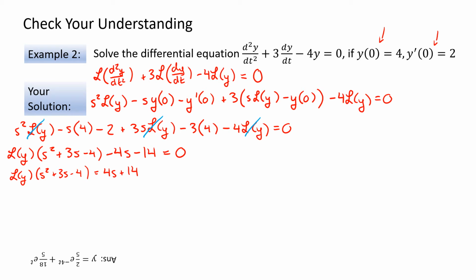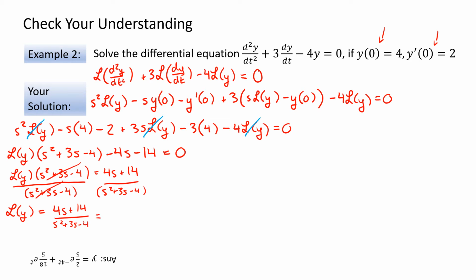So getting the Laplace transform by itself, we divide both sides by s squared plus 3s minus 4. They cancel on this side, and we're left with the Laplace transform of the function is equal to 4s plus 14 over s squared plus 3s minus 4. Which, luckily for us, we can factor the denominator.